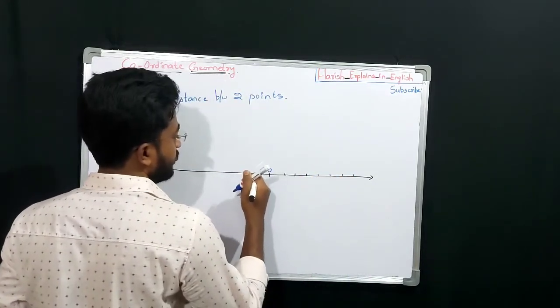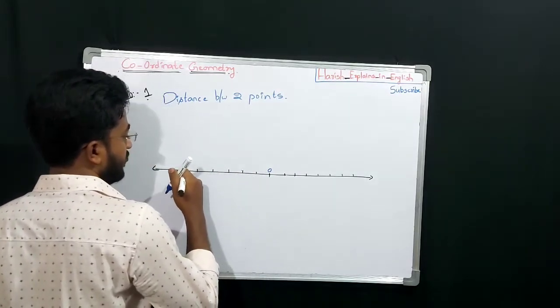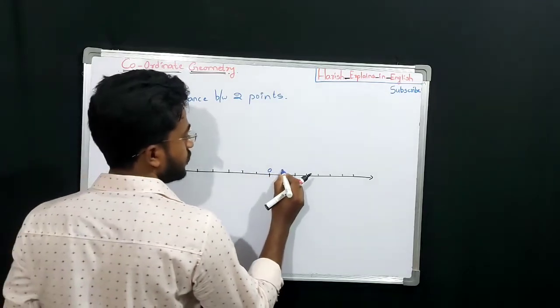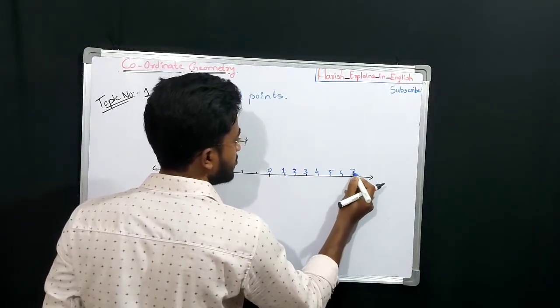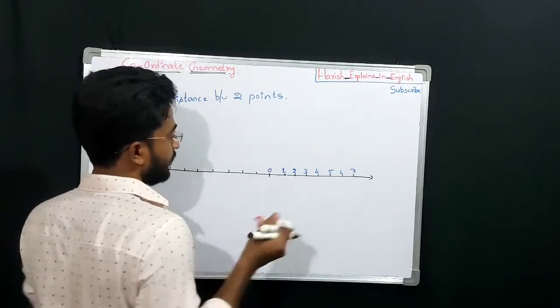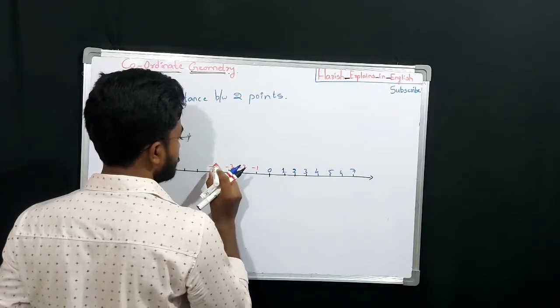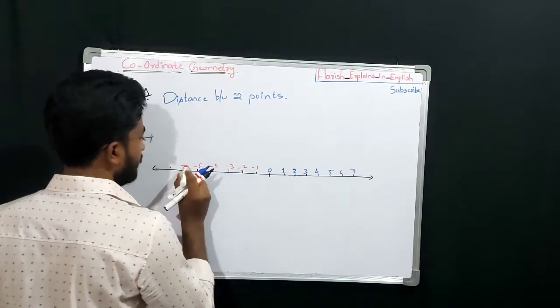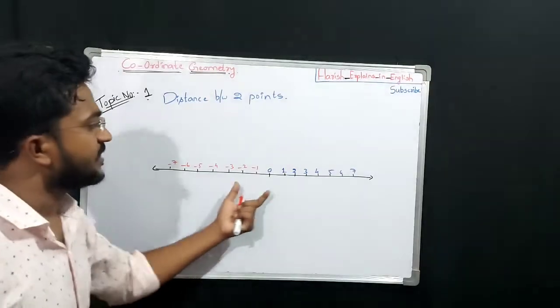Next -1, -2, -3, -4, -5, -6, -7. Okay, this is the number line.